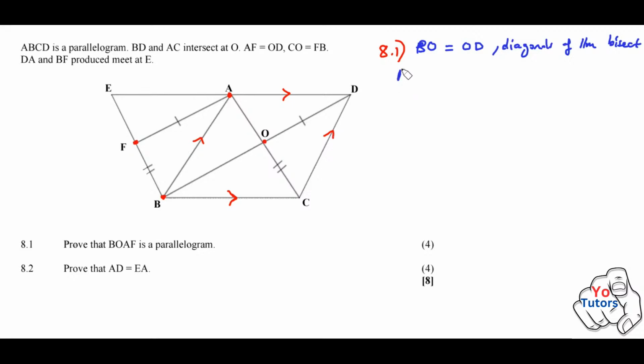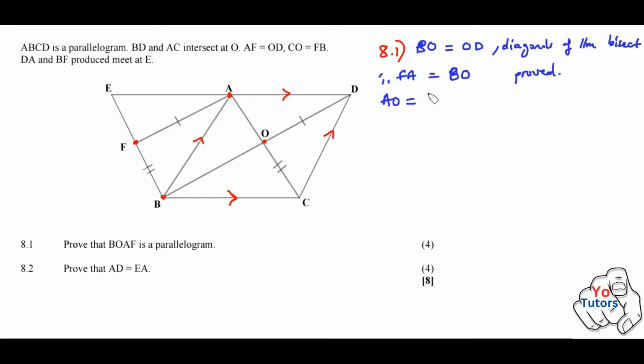Now let's also see AO is also equal to, before we continue, therefore FA is equal to BO. Why? We have proved that. Then the next one here is AO.